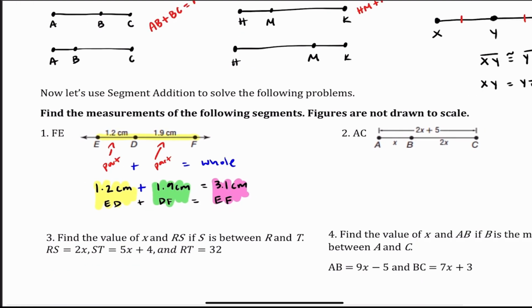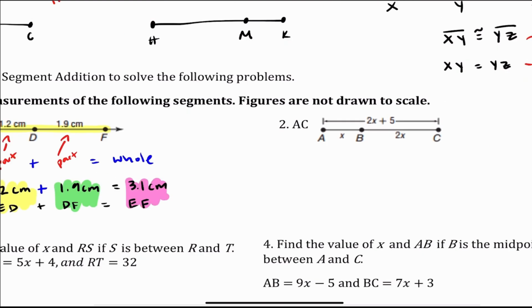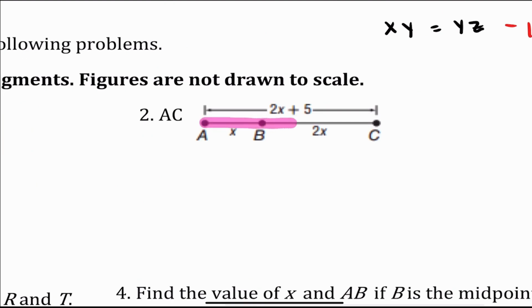All right, now we're going to go ahead and move on to 2. We're going to find the measure of AC. All right, so this is AC. That's the measure of AC. And the measure of AC, what actually is the whole thing? It's 2x plus 5, but if I break up AC, we have x and 2x.